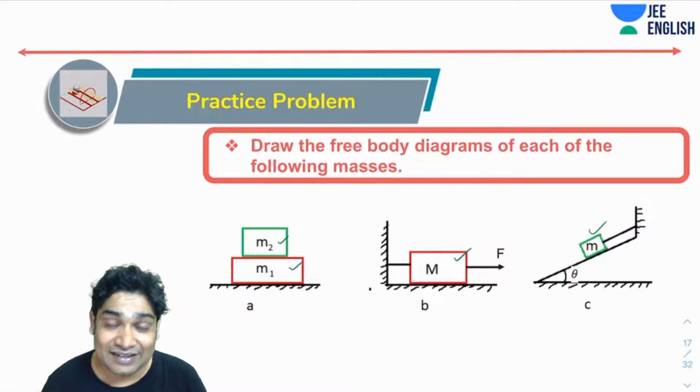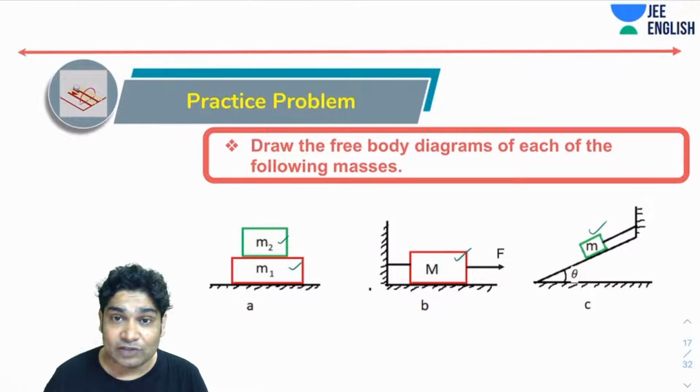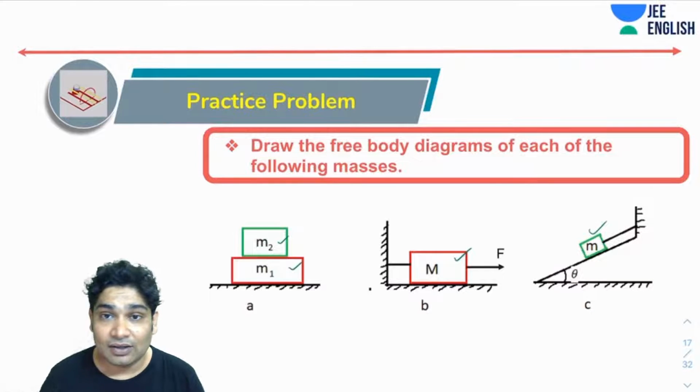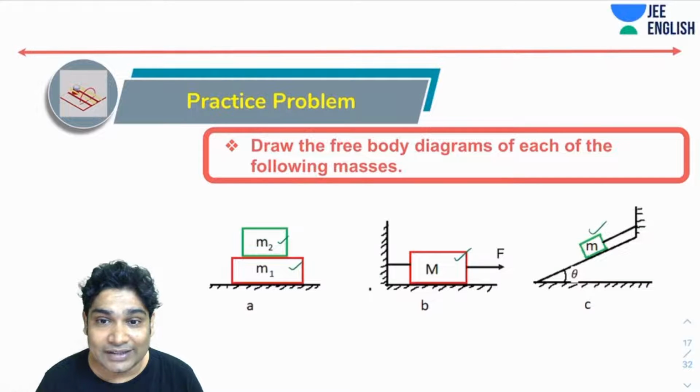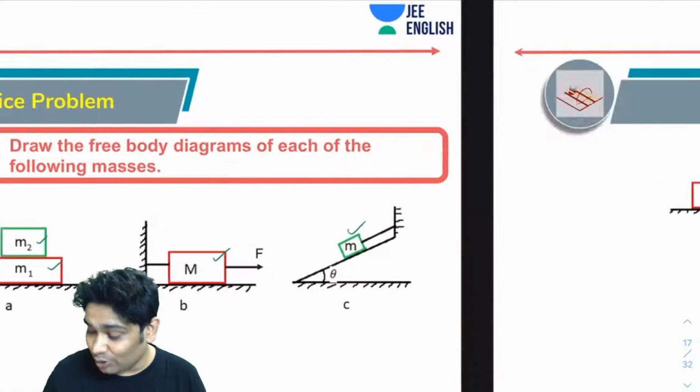Now let's remember those steps and draw the FBDs of these. Please try making the FBDs of these and let me know in the chat when you are done, when you have drawn your own FBDs. Then I will also draw the correct FBDs and show you the correct answers.